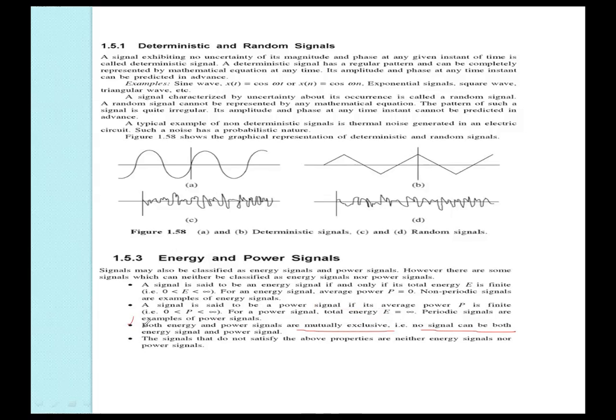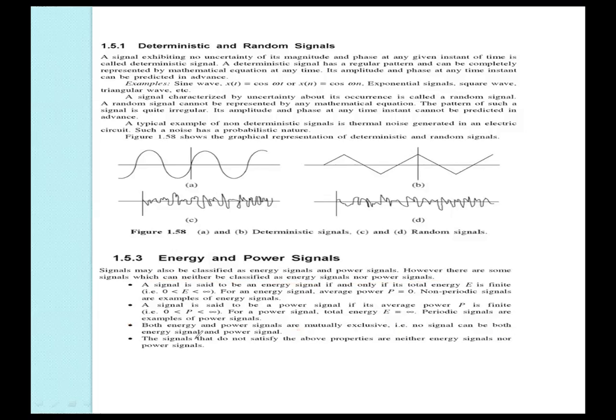That is what we mean by saying energy and power signals are mutually exclusive. A signal may also be neither, that is, it cannot be classified as either an energy signal or a power signal.